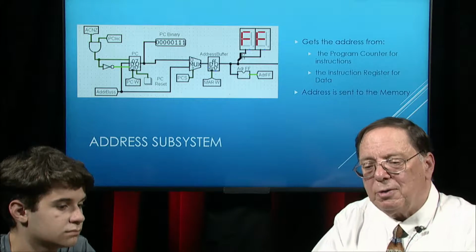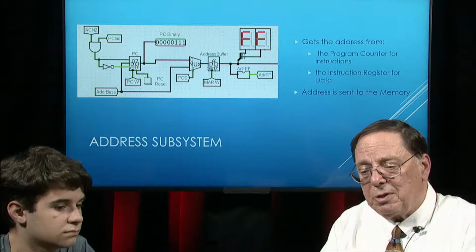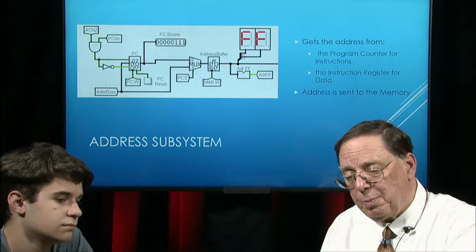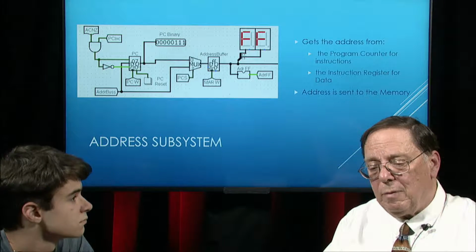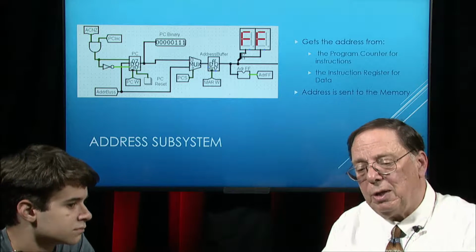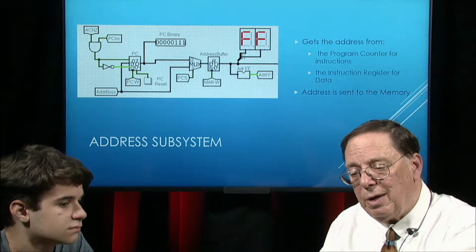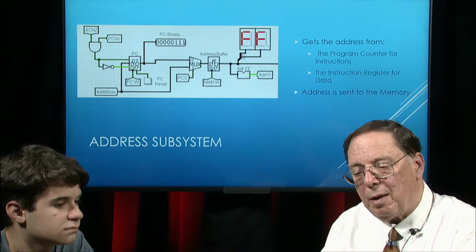One of the first parts is the address subsystem. What the address subsystem does is create an address for the address bus to go into the memory to tell us one of 2 things. We'll either tell it what program instruction we want to run next. If that's happening, we'll get the address from the program counter.